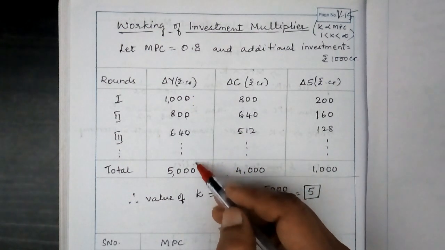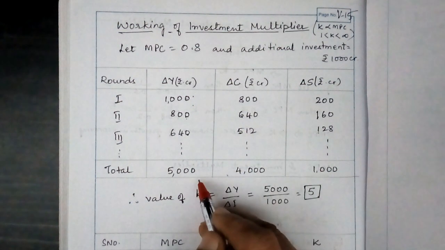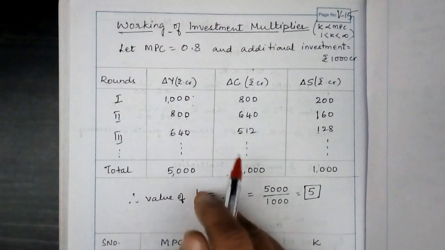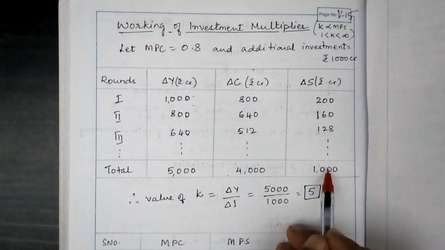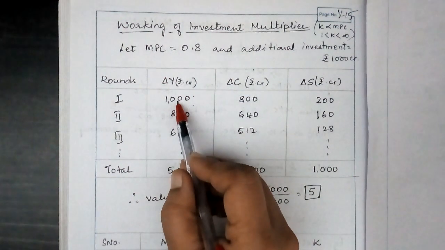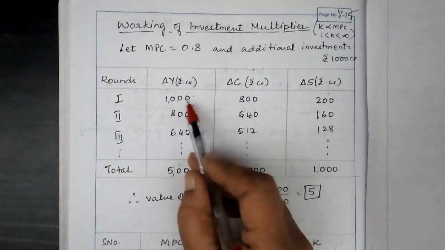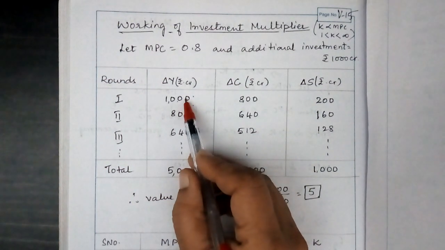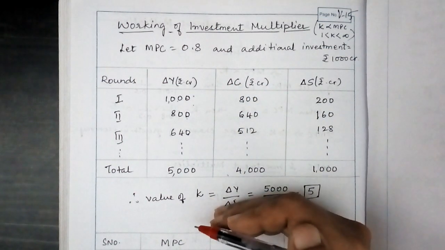Now this process will go on infinitely and come to an end when increase in savings will become equal to the increase in investment. What is the increase in investment? 1000 crore. So when the savings become equal to the increase in investment, this process will come to an end.